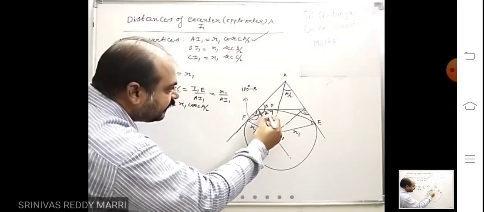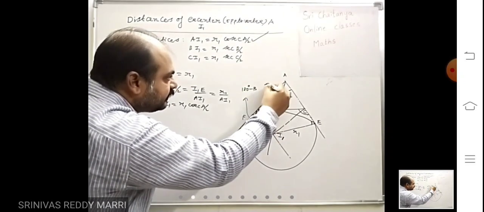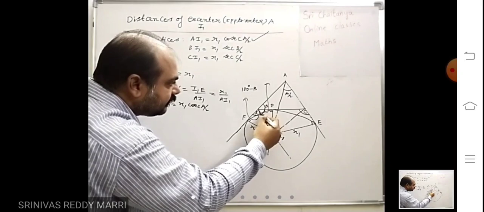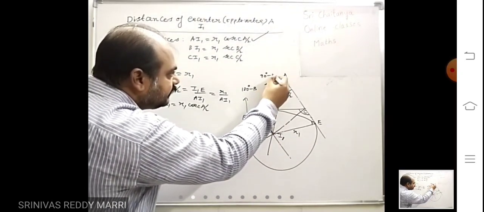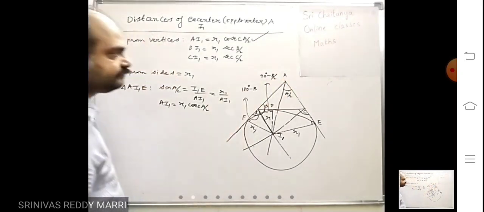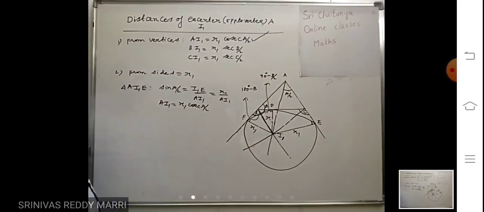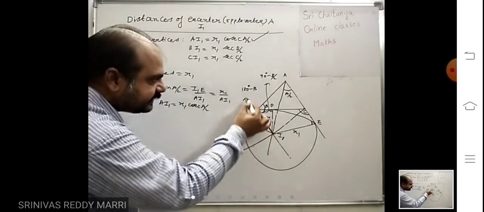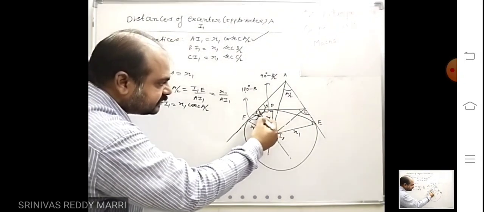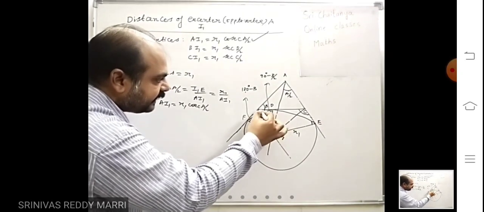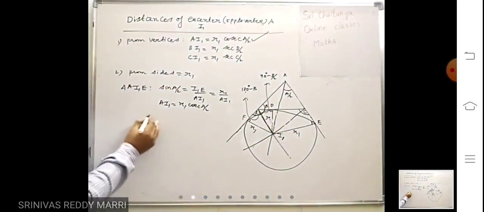That means this angle will be halved. So this angle will be half of this, 90 degree minus B by 2. This complete angle is 180 minus B, so this will be half of that. Now I am considering the triangle BDI1.